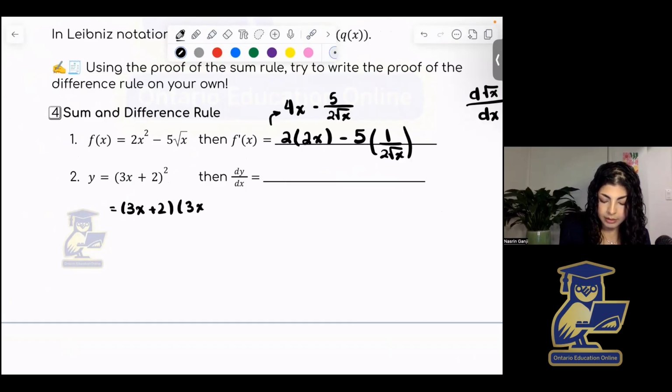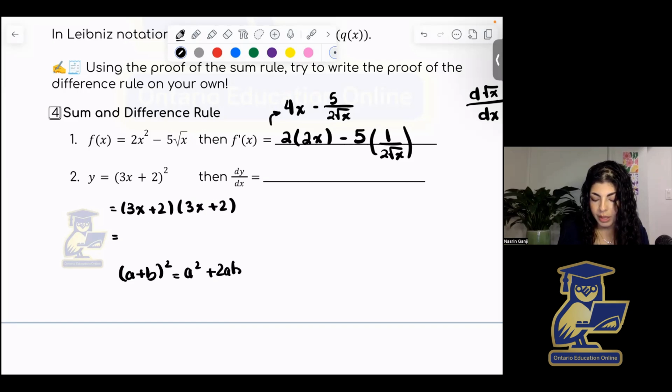So 3x plus 2 squared. And if you remember that a plus b squared is a squared plus 2ab plus b squared, you can also apply that, but just as an expansion, it'll be the same answer. We have 9x squared plus 12x plus 4.